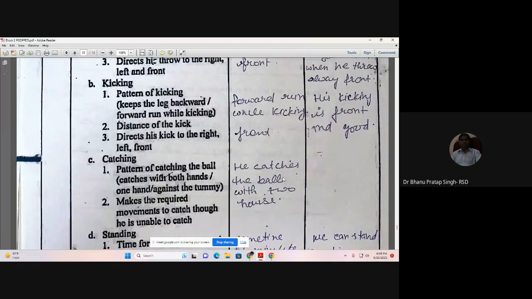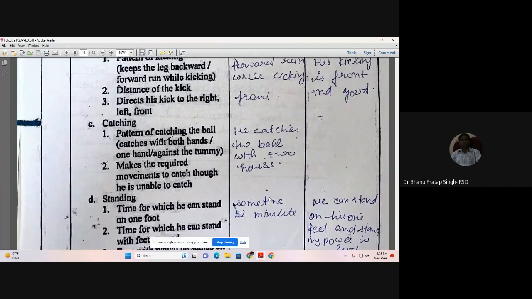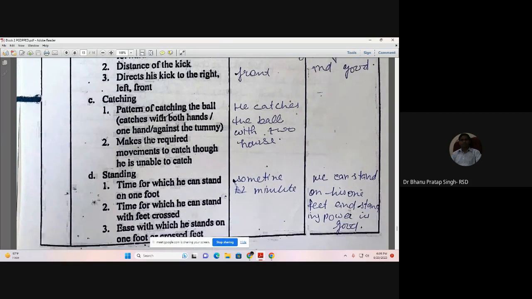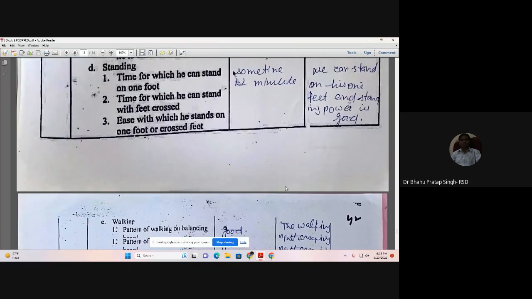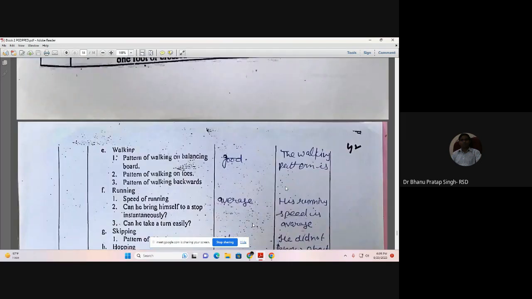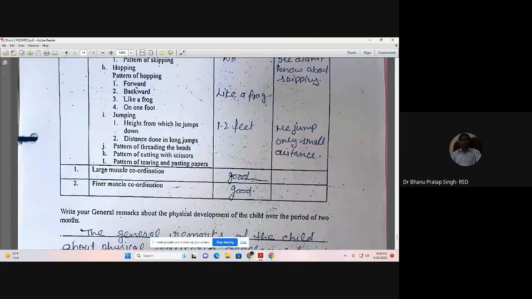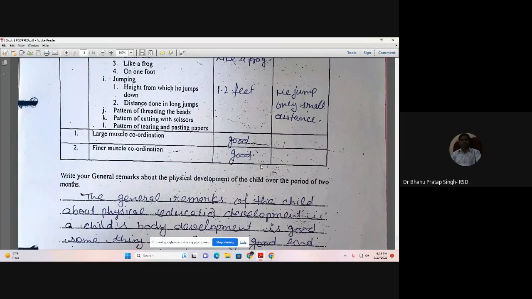So he catches the ball with two hands. Sometimes he can easily stand for 1 or 2 minutes. So all this information is based on the observation. And this is the most important.